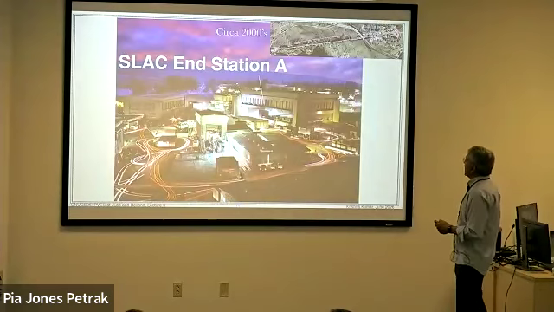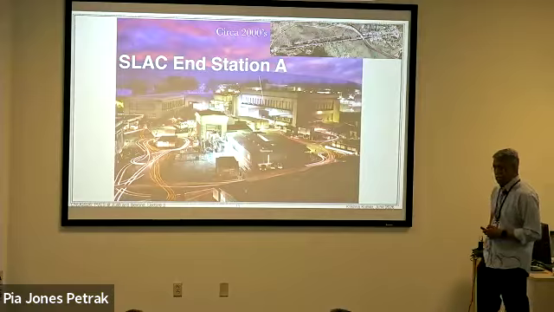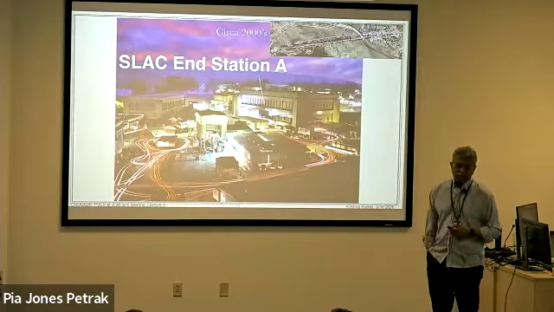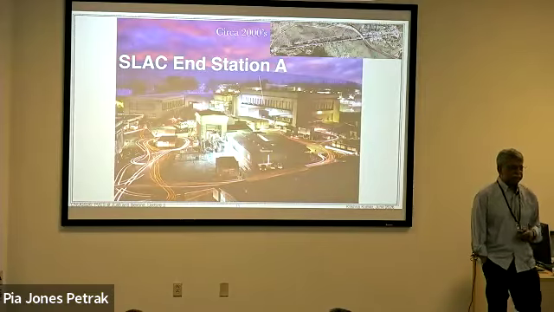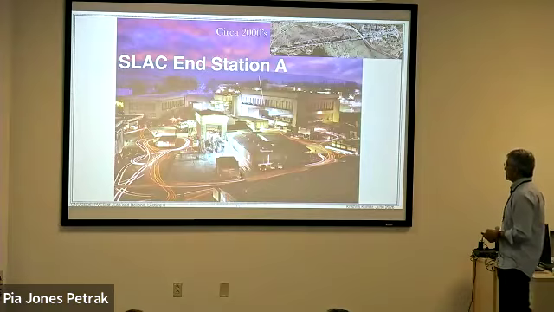This is End Station A at SLAC. So this is an aerial view of SLAC. It's called the 2-mile Linac. This is about 2 miles long. This road here is the Interstate 280 that connects San Francisco and San Jose. The accelerator goes under it. Here is the SLAC complex, and End Station A sits here. This is a picture of End Station A taken by a professional photographer.